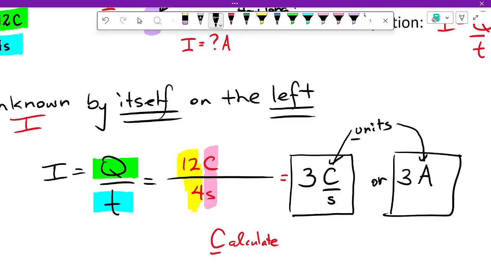And have we stopped at a reasonable number of digits? Yes. If we wanted to do significant figures, how many sig figs in the number 12? 2. How many sig figs in the number 4? Just 1. Okay? And so that would give us 1 digit, so it would be the same.